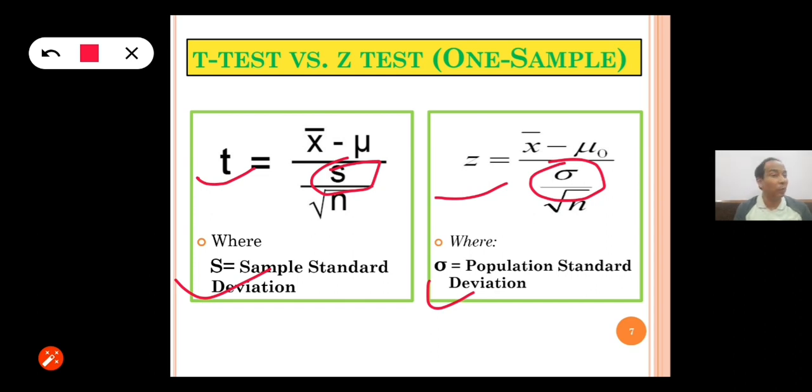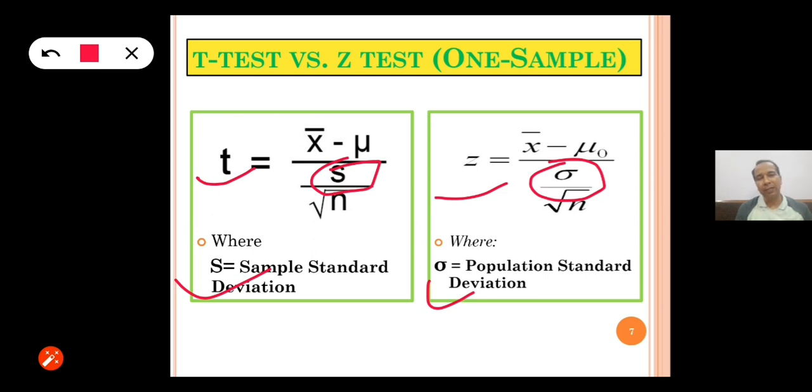But here, learners, I would like to remind you of one important thing: many a time when the population standard deviation, that is sigma, is not given to us, we still apply the z-test in case of a large sample. Why? Because if the sample is large, even the sample standard deviation works equally well as the population standard deviation.